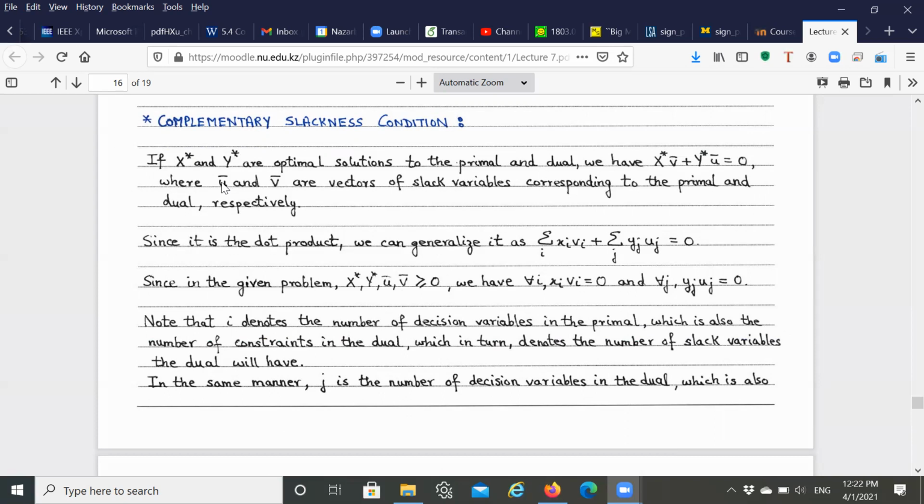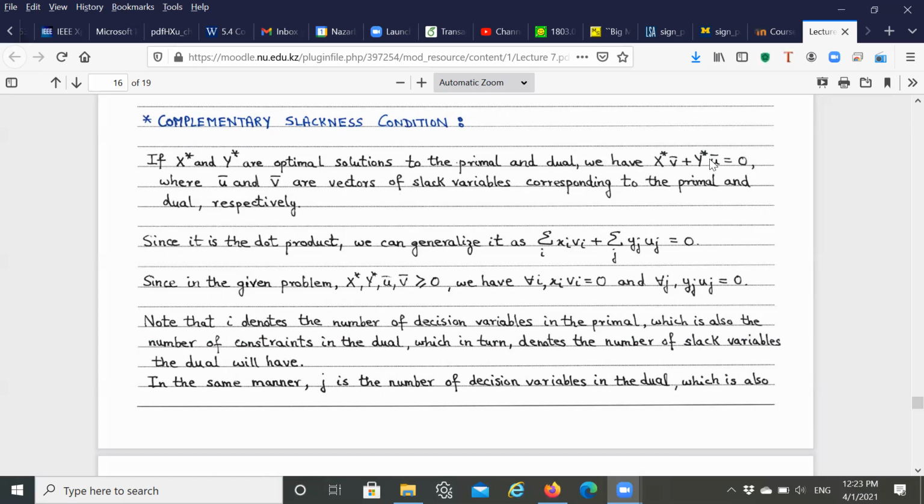So if I know these optimal values for the decision variables in both the primal and the dual, then I can very easily say that this holds. That means X star dot V bar, a dot product of vectors, plus Y star dot U bar is equal to 0. Now, what are V and U? V and U are the vectors of the slack variables that we introduced.